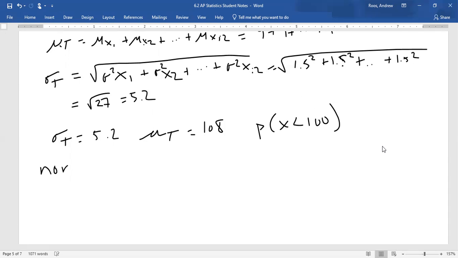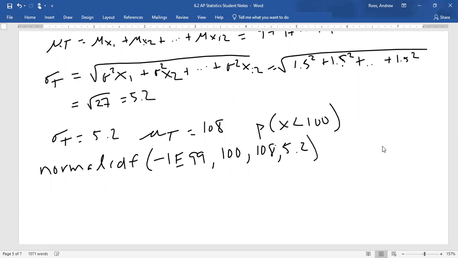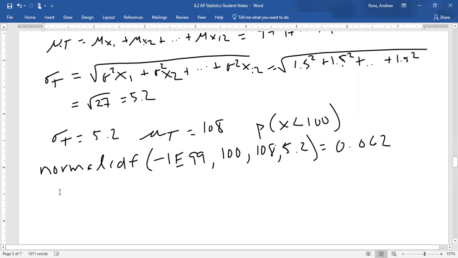You're using your calculator, normal CDF, lower bound, since we're less than 100, negative 1E99, upper bound 100, mean 108, standard deviation 5.2, which would give us 0.062.